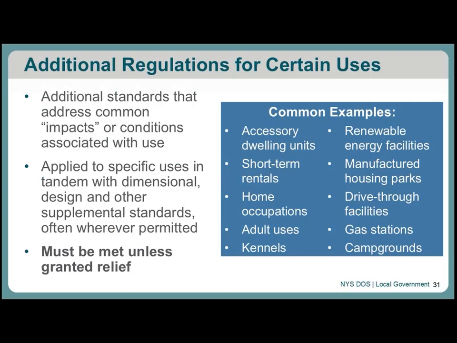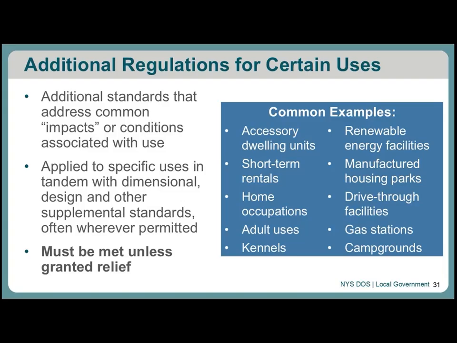So additional regulations may include specific standards that must be met and are usually reviewed by the zoning enforcement officer, as well as other criteria that might be more subjective and part of a review, like site plan review or special use permit, which the zoning or planning board might be more apt to review itself.